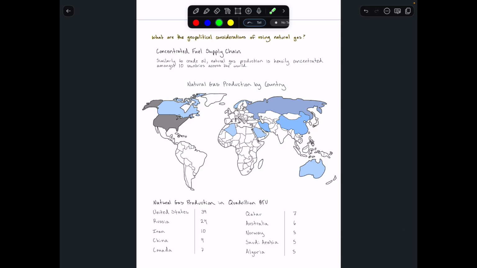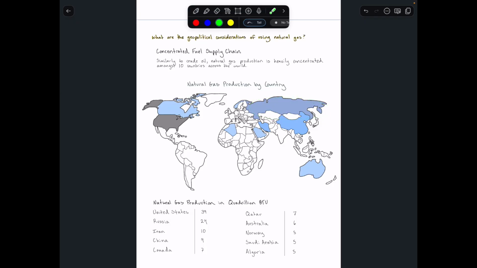So one concern with using natural gas is that, similar to crude oil, the production of natural gas is highly concentrated in a relatively small number of countries. So here, if we look at this map, we can see the United States is producing the most natural gas out of any country in the world. And then Russia comes in at second here.